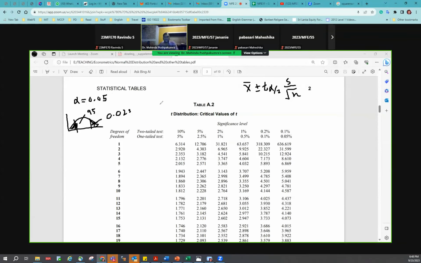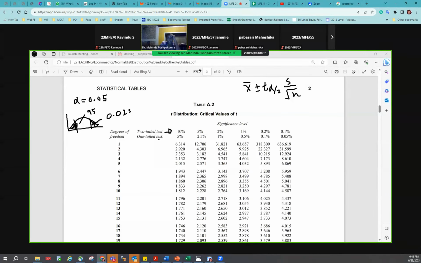If you are going to construct a confidence interval, you have to consider these two tails at 5%, or one tail at 2.5%.